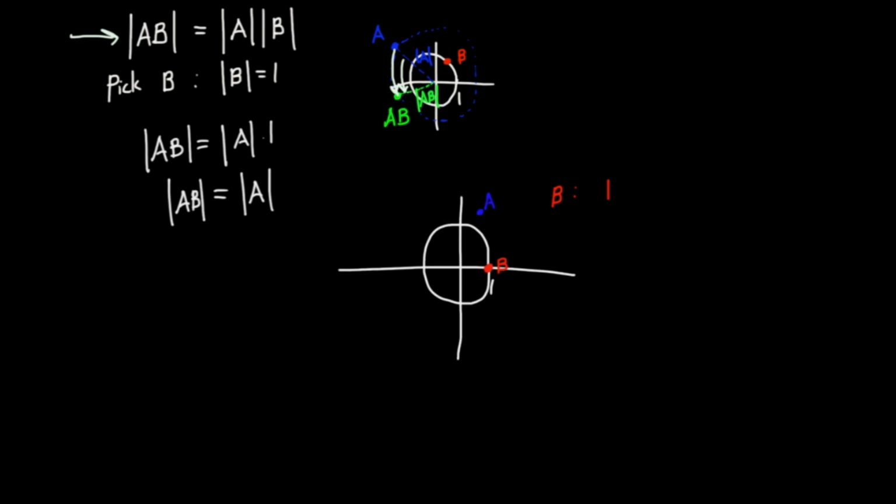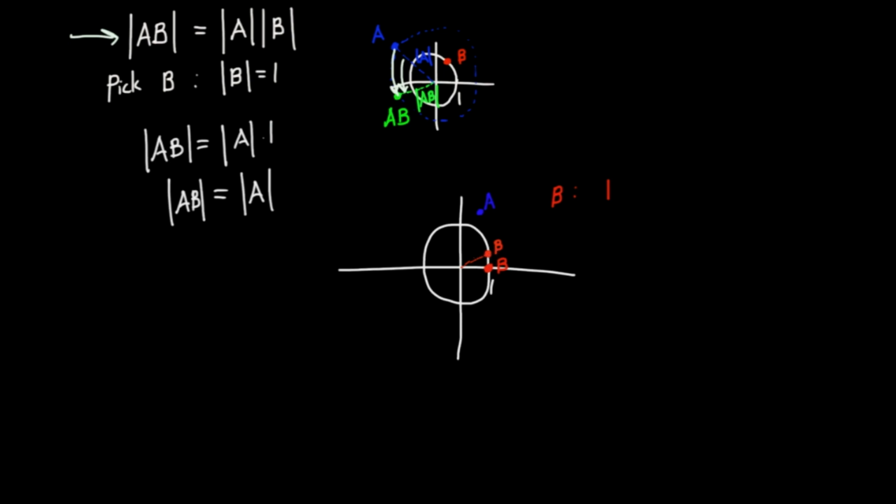Now suppose I pick B to be not right there, but just slightly above. Let's say that's B. Let's say it's rotated by just a few degrees with respect to that first B. Now, when I multiply by this new value of B, since this first value of B did nothing, this new value is going to do almost nothing.